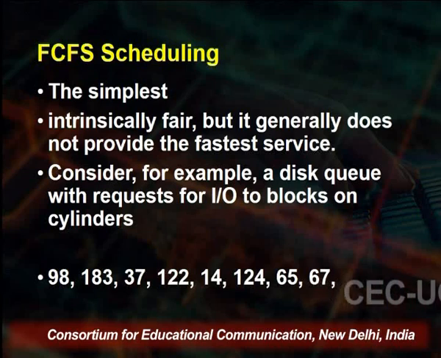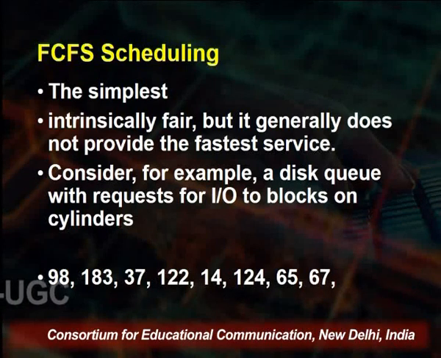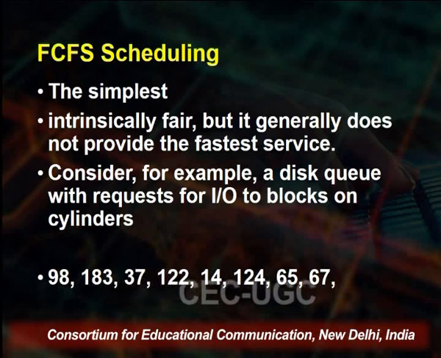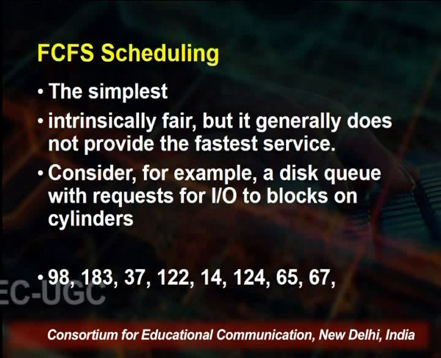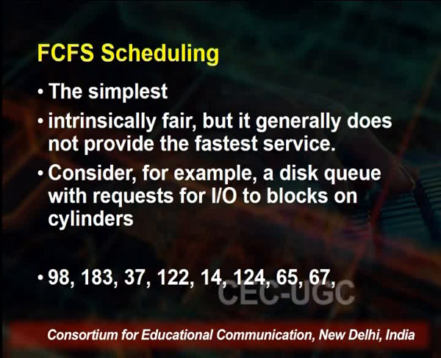Now, in order to understand this FCFS scheduling, we need to understand a disk queue with requests for input output to blocks on the cylinders. The cylinder numbers given in the disk queue are 98, 183, 37, followed by 122, 14, 124, 65 and 7.